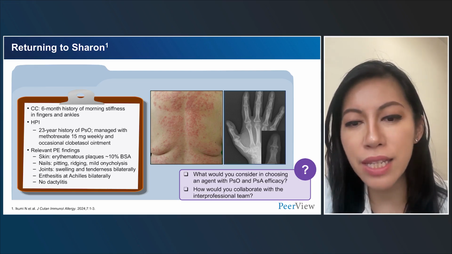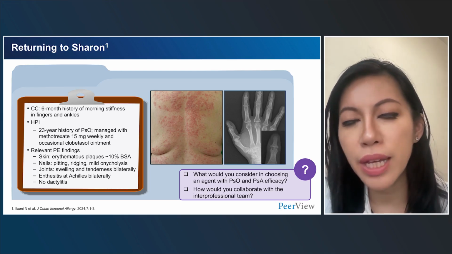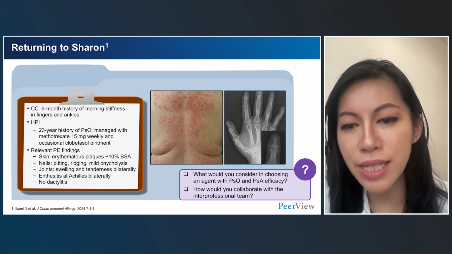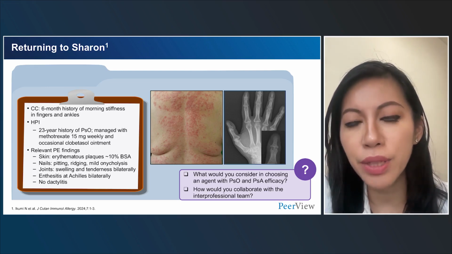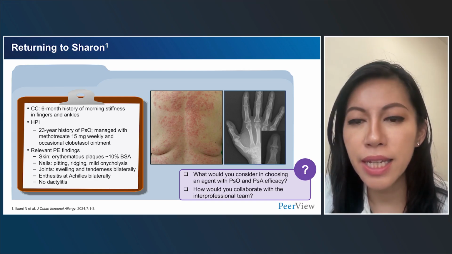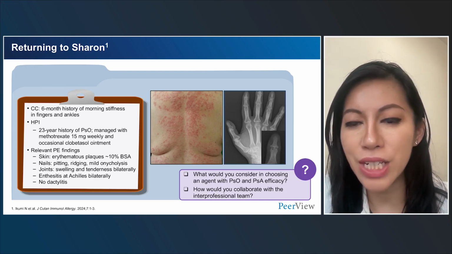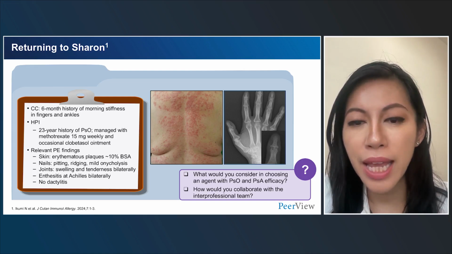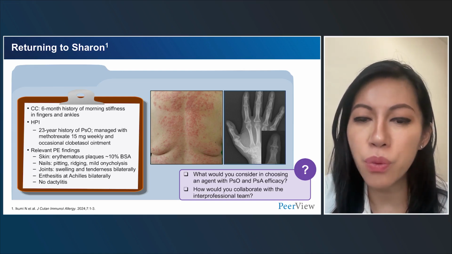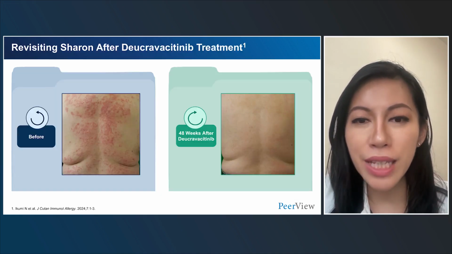However, psoriasis, as you can see, is not under control, and also psoriatic arthritis is not under control either. So the question is, can you consider choosing an agent that can address both? And especially if Sharon prefers oral therapies, how that can change your decision-making process.